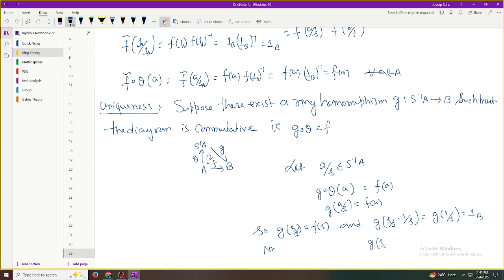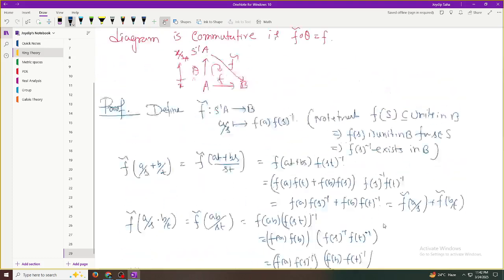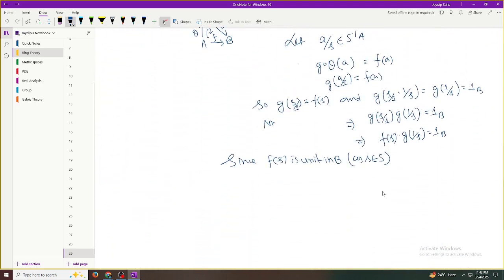Now g(s/1) is f(s), and g(1/s) times it gives 1_B. Since f(s) is a unit in B as s belongs to S, our assumption that f(S) is a subset of units of B, g of 1 by s equals f(s) inverse.